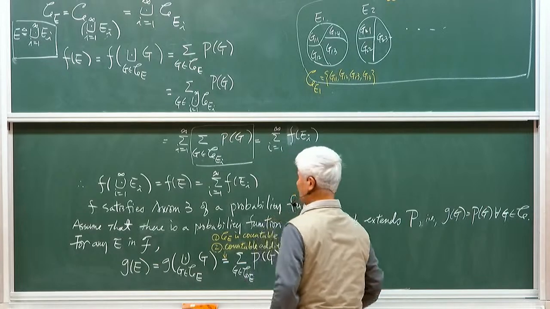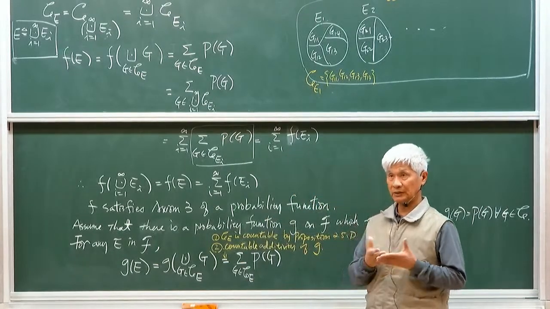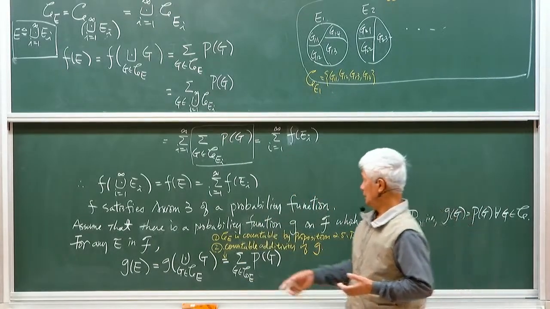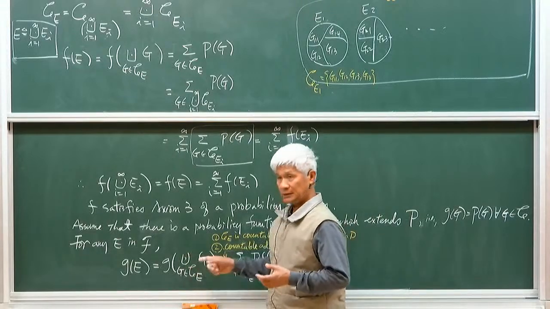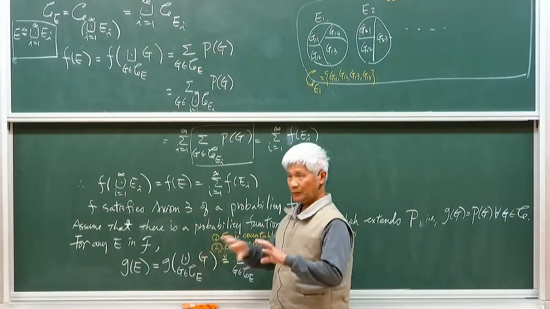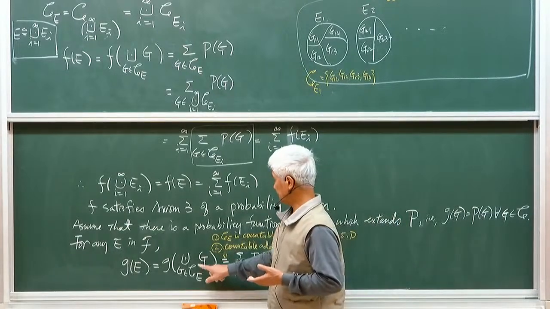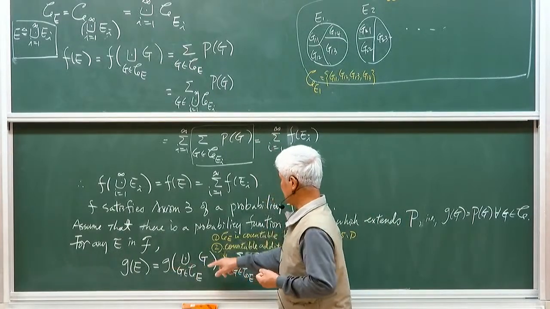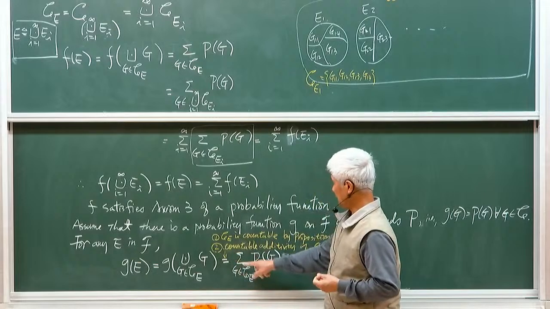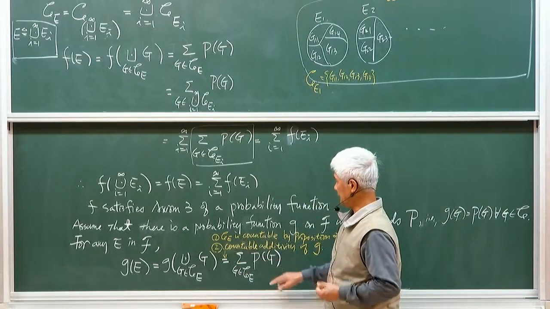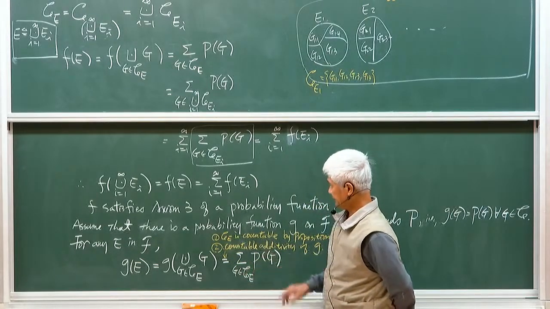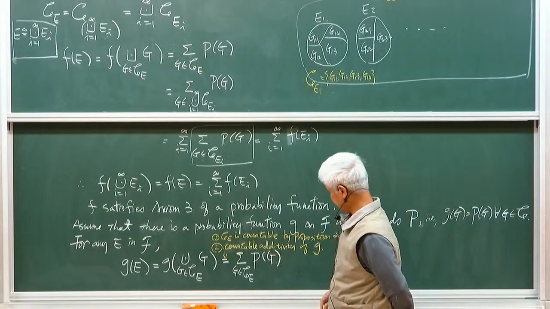Because G is a probability function, it has countable additivity. So if this is the disjoint union of countably many events, then this is equal to the summation of the P of G, by countable additivity.